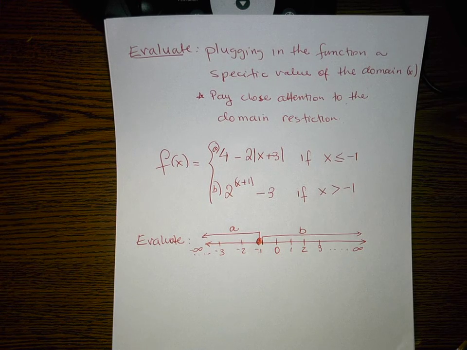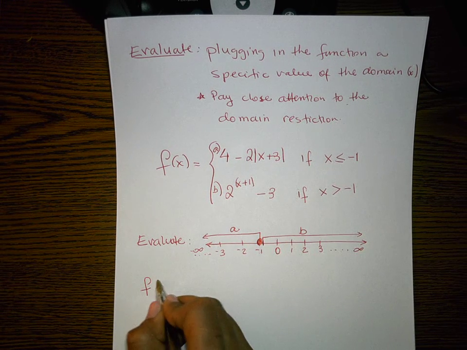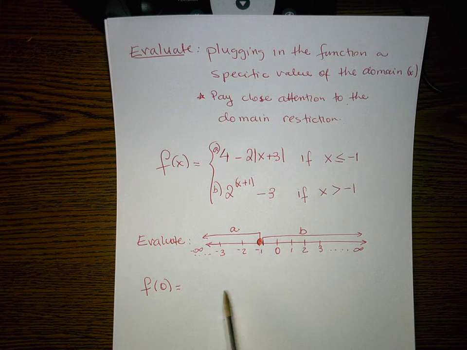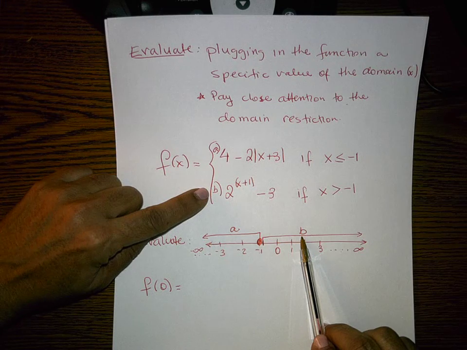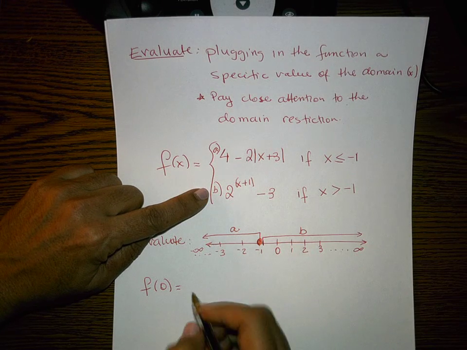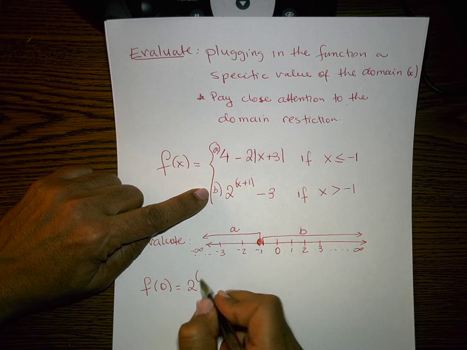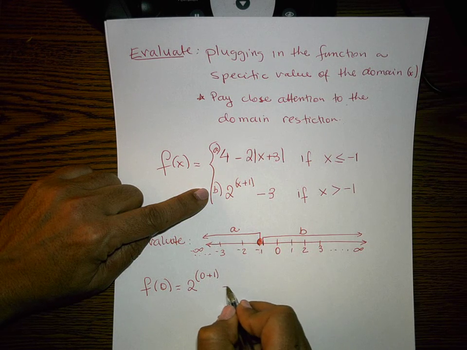So now I just have to look at the questions. If they say, what is f of 0? I come over here and say, well, 0 is in this area. I'm going to use my function B. Okay, so 2 to the power of, instead of an x, we're plugging in a 0, plus 1, minus a 3.